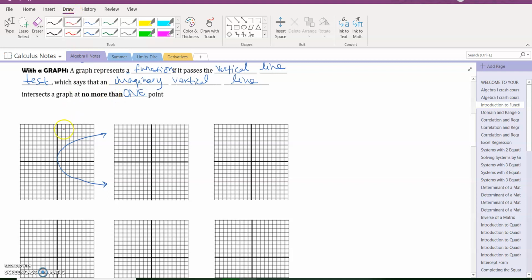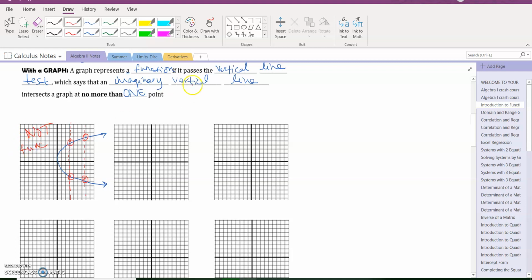So if I take a look here, now remember, the lines I'm drawing in red are not actually part of the function. These are those imaginary vertical lines. If I hit this graph at more than 1 point, it's not a function. So like right here, I'm hitting once, I'm hitting twice. Pretty much anywhere you look, you're hitting twice. So because I'm hitting more than once, this is definitely not a function.